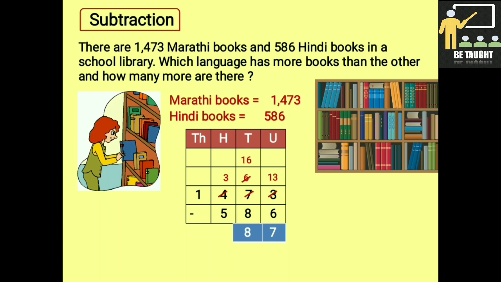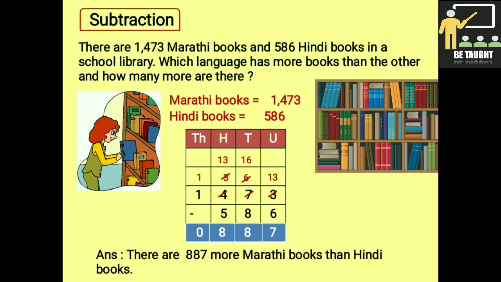Again 3 is a smaller number and 5 is a bigger number. So we have to borrow 1 from the thousands place. So here it will be 13 minus 5 is equal to 8. And since we had taken 1 from the thousands place, so here it is 1 minus 1 is equal to 0. So our final answer is, there are 887 more Marathi books than Hindi books.